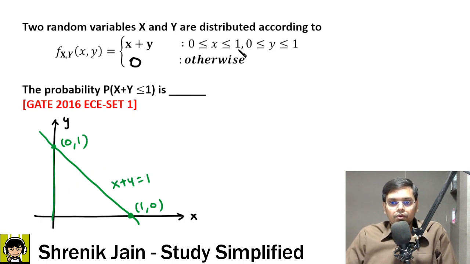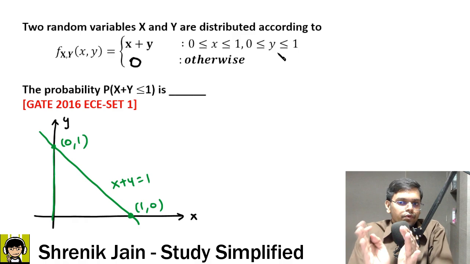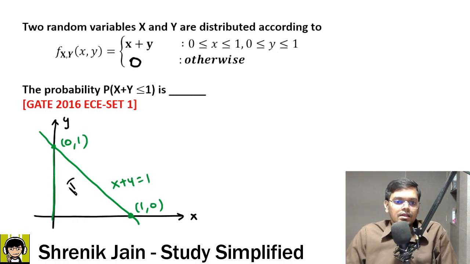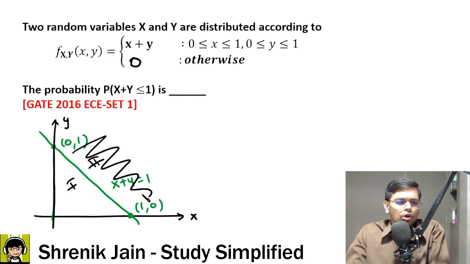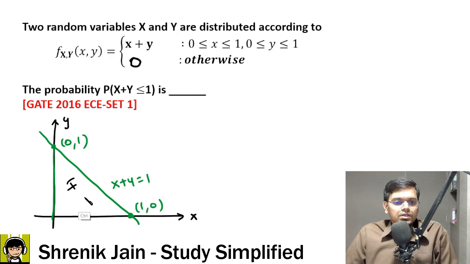And x should be from 0 to 1, y from 0 to 1, so it is the first quadrant. In the first quadrant we have either this region or this region. The upper region is not allowed since the point 1 comma 1 was not satisfying. So obviously this inner region is the only region left which will satisfy our criteria. Understood how to identify the region, because that is the very important step?